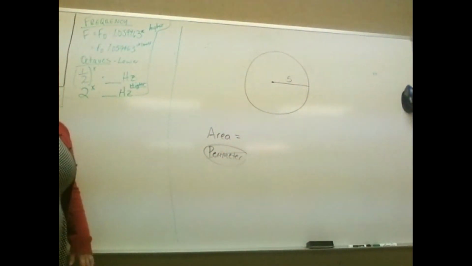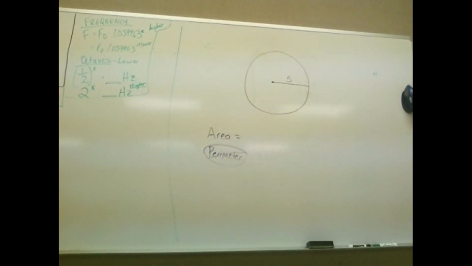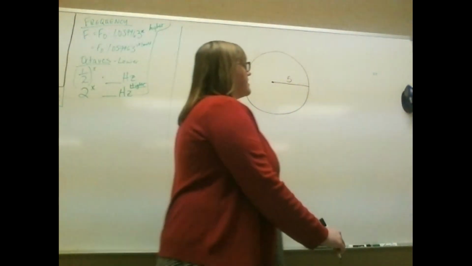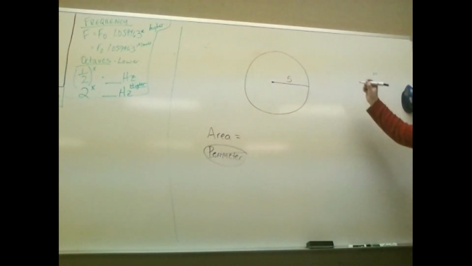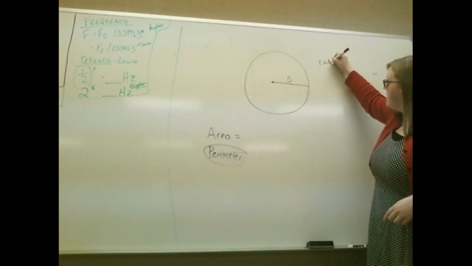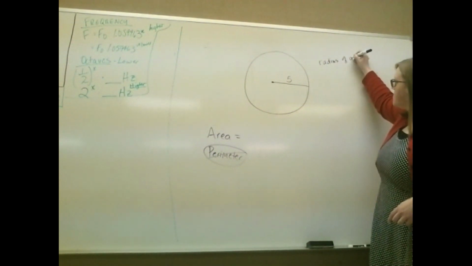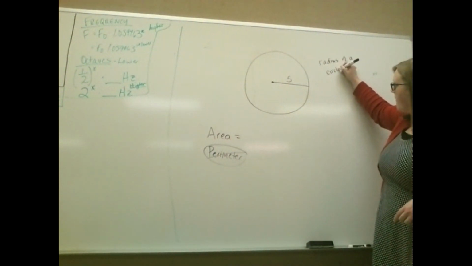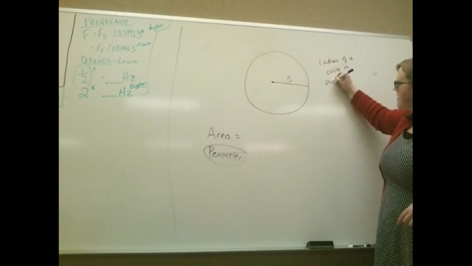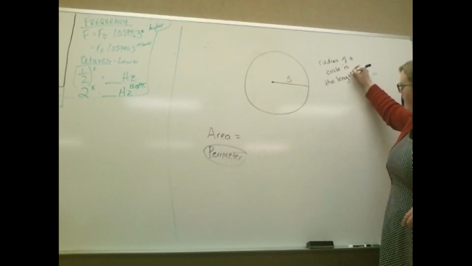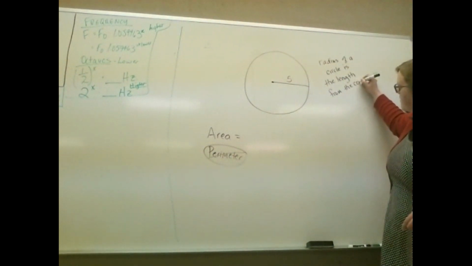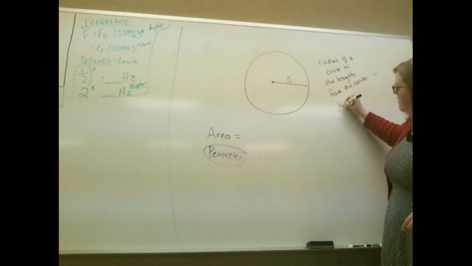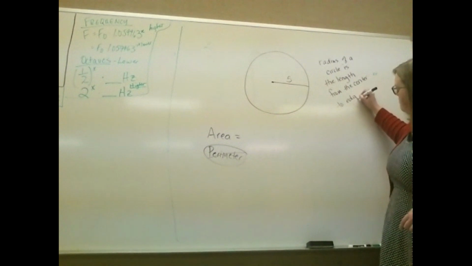All right, so the radius, in case it's been a while since you took high school geometry, the radius of a circle is the length from the center to the edge.